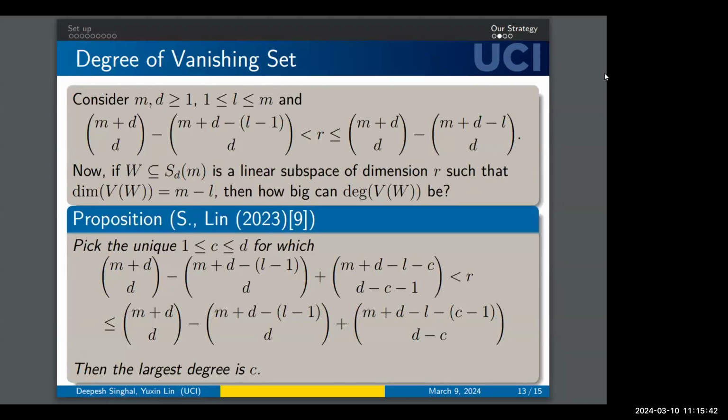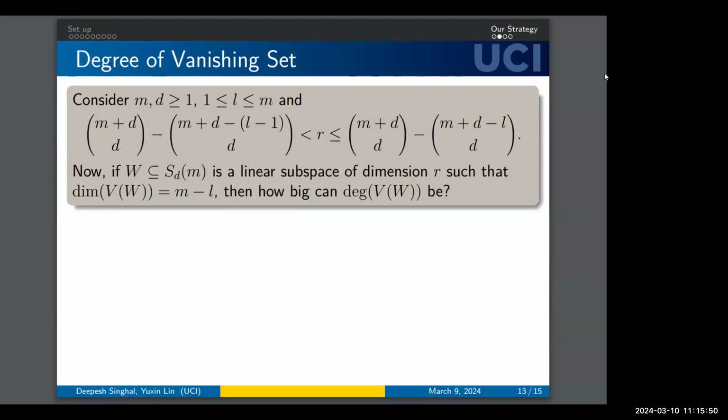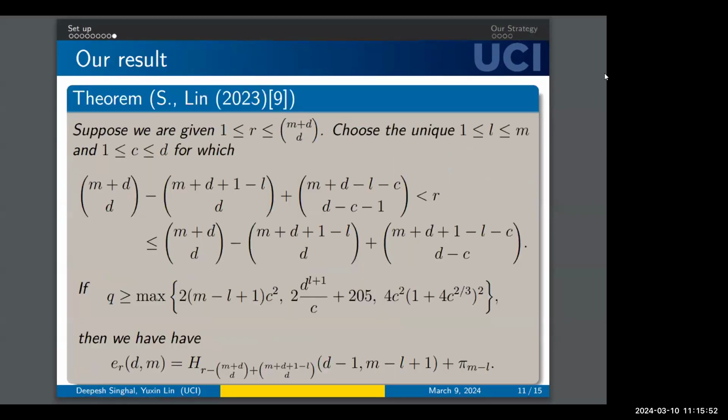And we know the degree and the dimension of the highest dimensional component. So it still requires some work, but we can put all of this together, and assuming that Q is sufficiently large in terms of L and C, which correspond to dimension and degree, we can show that the conjectured formula by Pareto and Whelan gives us an exact formula.